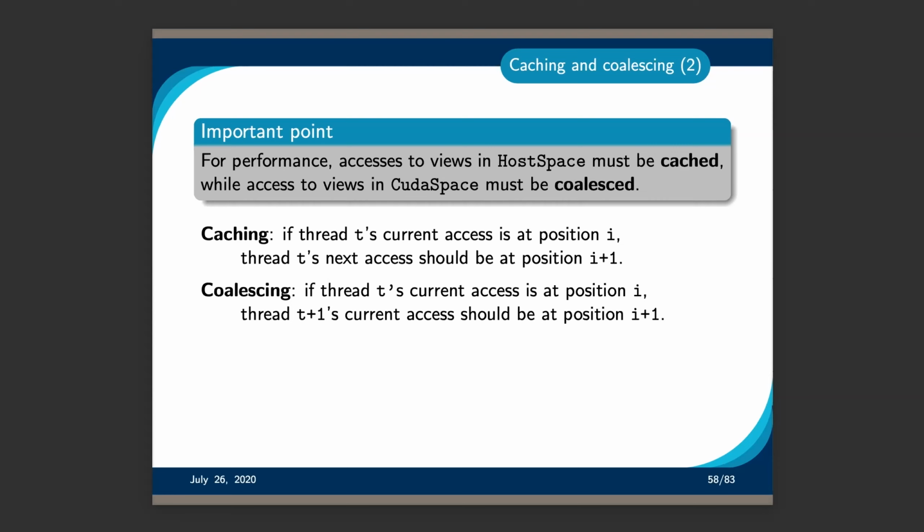So for caching, if thread T accesses position I, then its next access should be at I+1. For coalescing, if thread T accesses position I, then thread T+1's next access should be at position I+1.